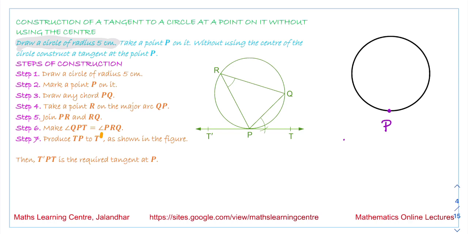We are going to draw a chord over here. This is the point Q, and we take any point R on this circle.